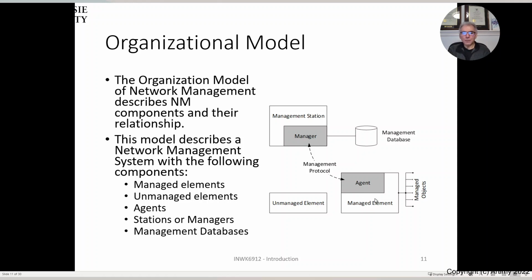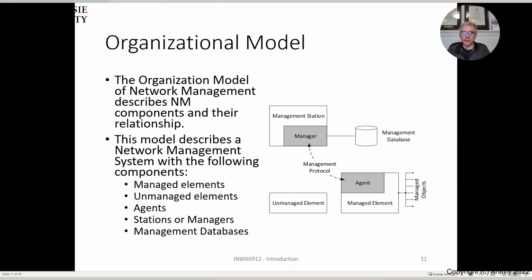The managed element is the device that you are managing, right? And this device, from your perspective, can be a switch, a router, a server, a firewall, any device. And actually, the organizational model here may not be limited to only networking.